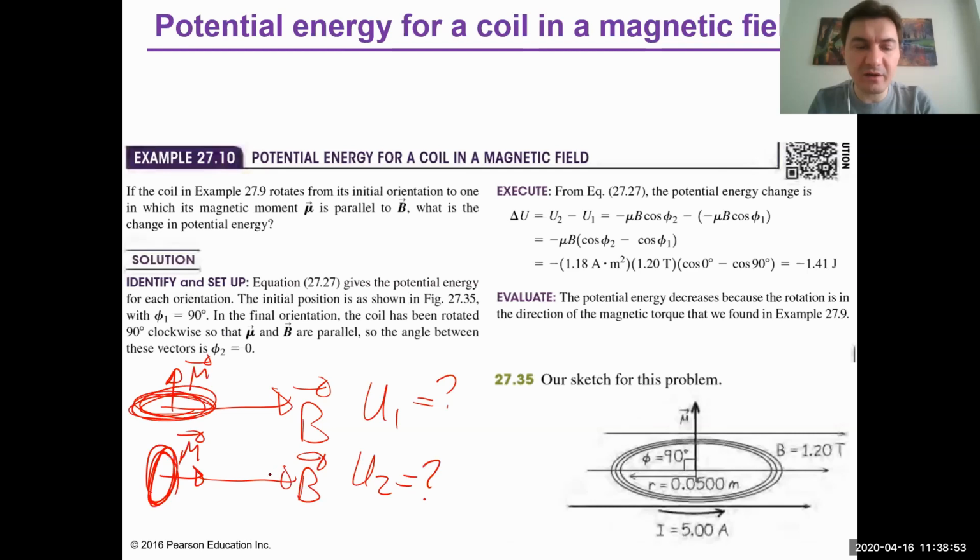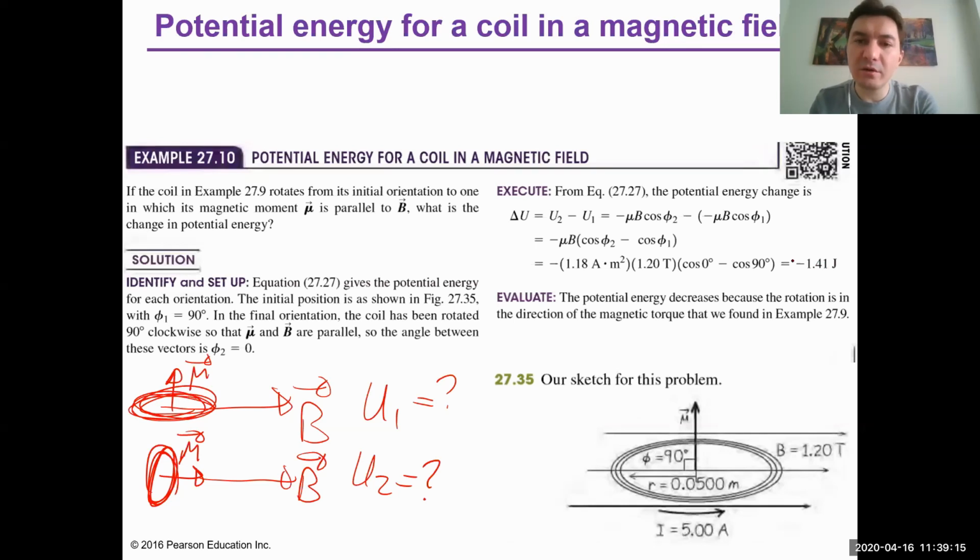Phi 2, what is phi now here? 0, okay? And minus the potential energy in the first condition, which is given by minus mu B cosine phi 1. What is phi 1? 90 degrees. Put them here, then you will be able to calculate the change in the potential energy, minus 1.41 joule.